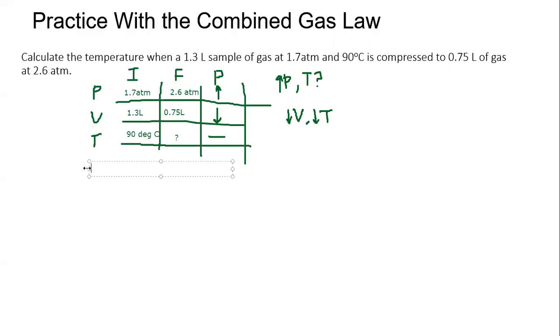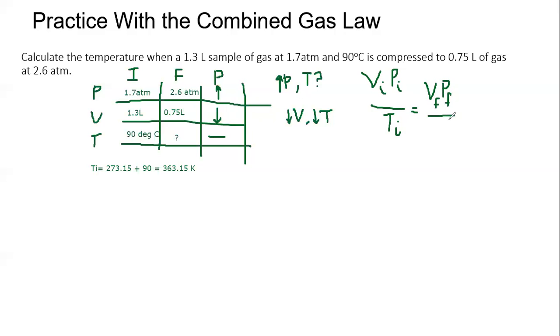So we need to convert Ti into Kelvin. And now we're going to solve for T final. So remember, it's P initial V initial over T initial equals P final V final over T final.